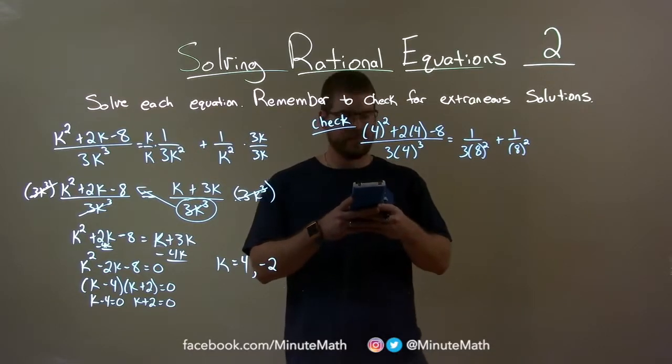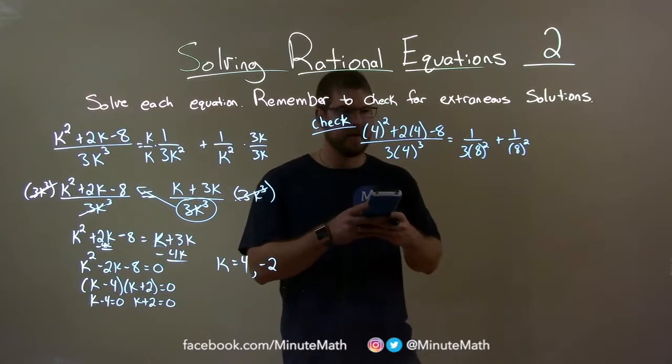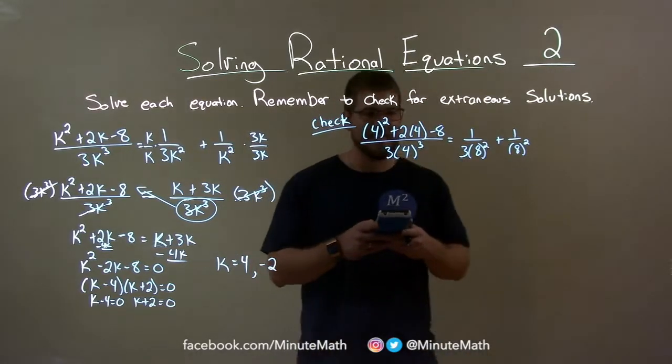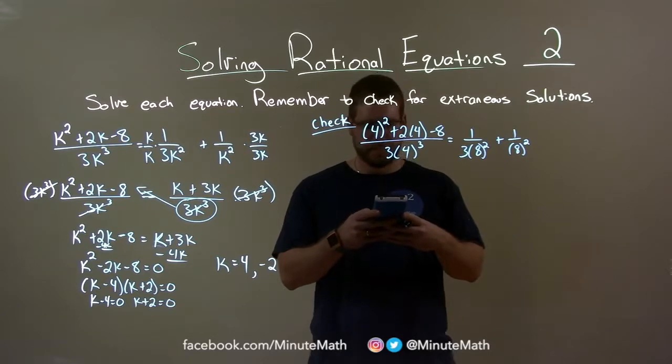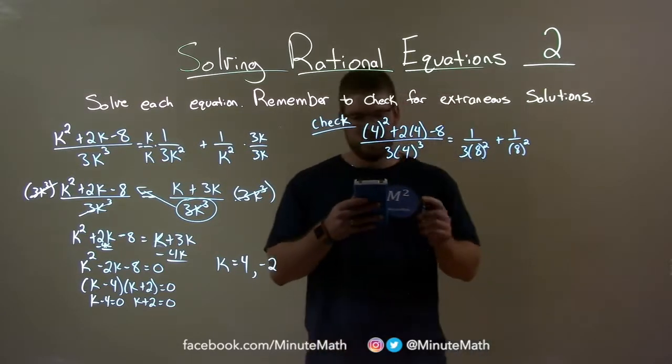Let's see if we can get this whole big fraction at once here. 4 squared plus 2 times 4 minus 8 is all going to be 16. And we're dividing that by 3 times 4 to the third power. Our fraction here should be 1/12.